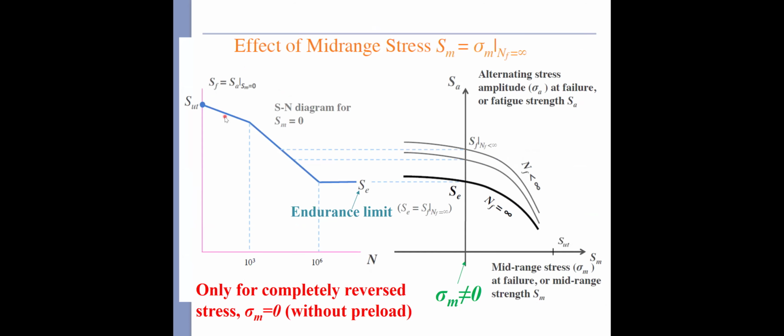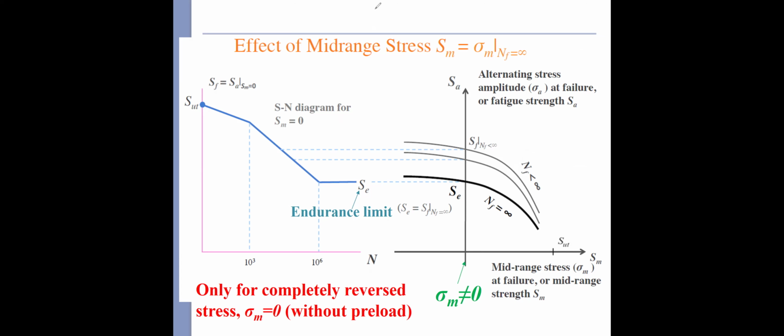So when the sigma m, the mean stress, equals 0, I already mentioned this previously, right? That means we get a completely reversed stress. In this case, we can use the SN diagram that we learned last semester.